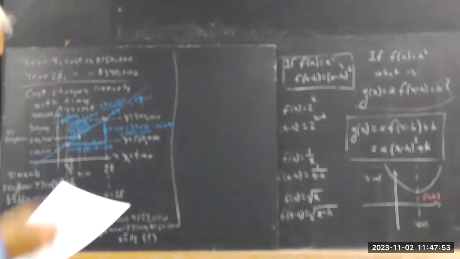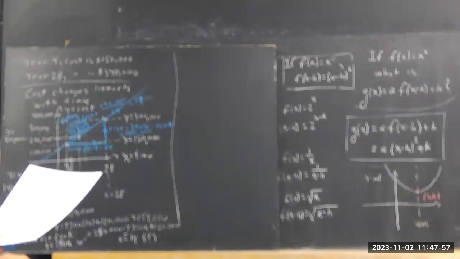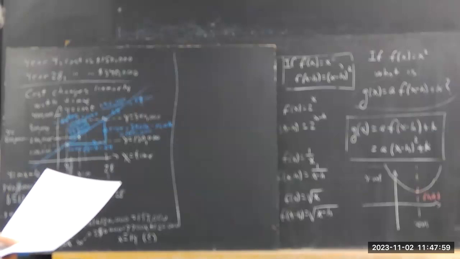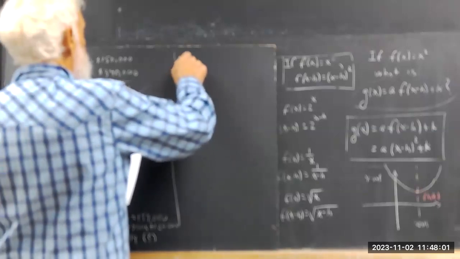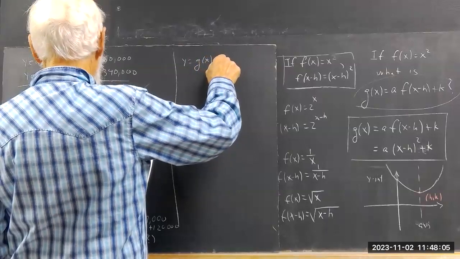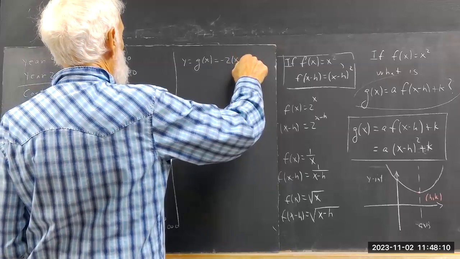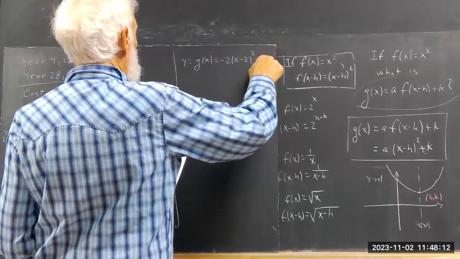Now, the next problem, using transformations of the appropriate toolkit function, construct a graph of y equals g of x equals -2 times x minus 2 squared plus 4.